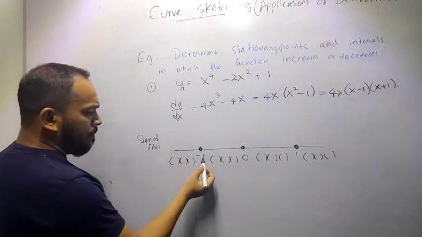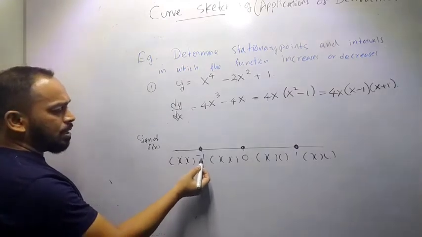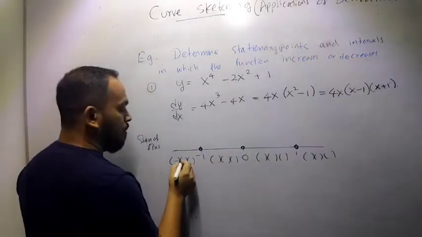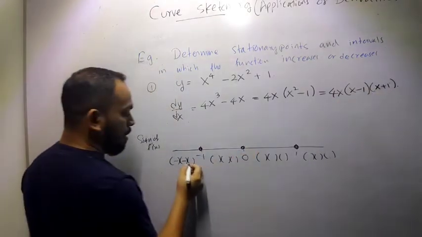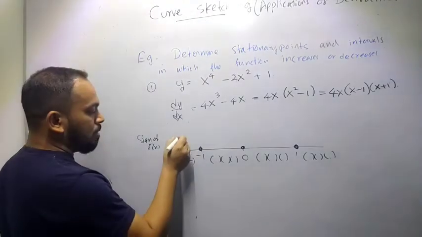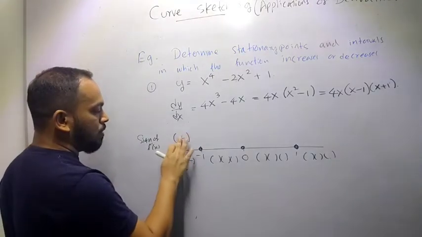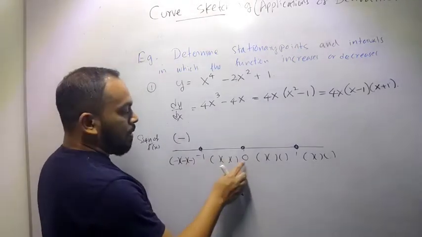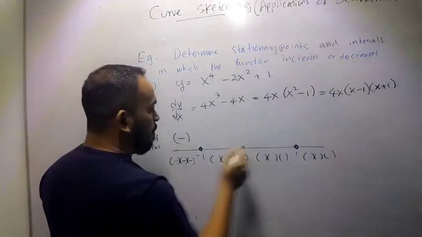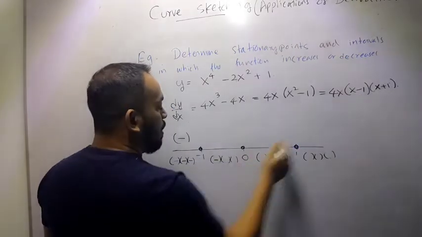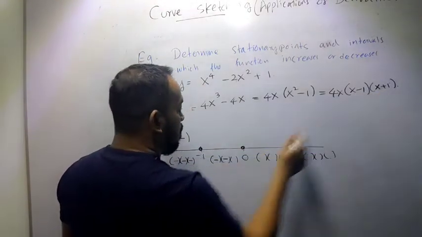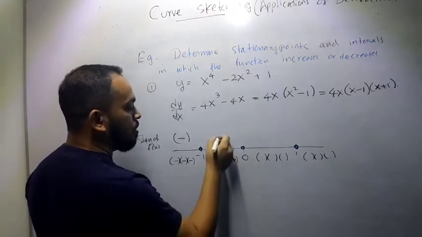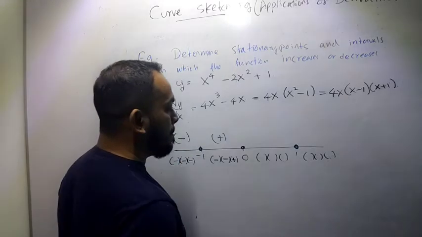Now, when x is less than minus 1, this would be negative, this would be negative, and this would be also negative. So the product would be negative. Between minus 1 and 0, this would still be negative, this would be negative, but this would be positive, so positive into positive, that is positive.